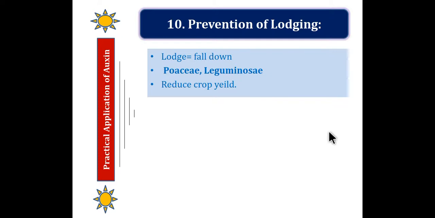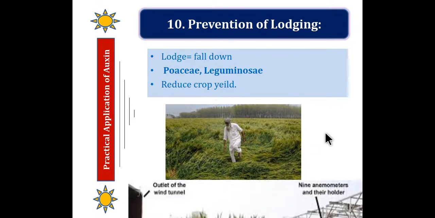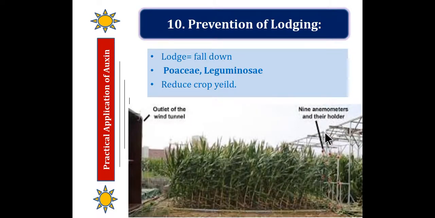You can see here the picture of a fallen standing crop of wheat. This can be prevented by application of auxin at an earlier stage.